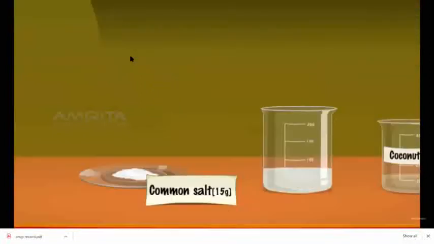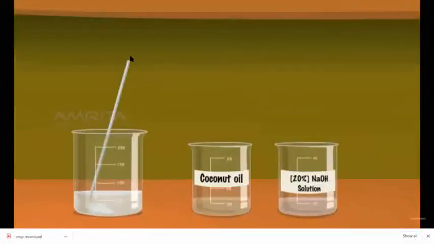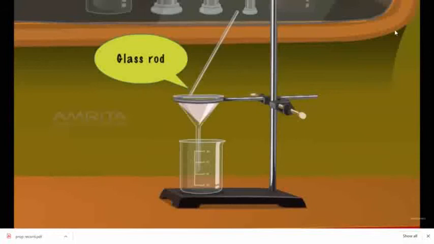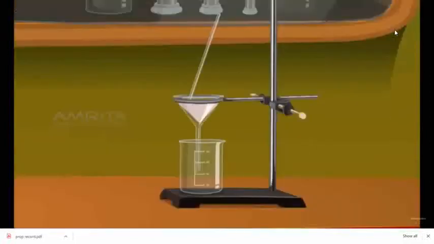Add 15 grams of common salt into the suspension. Stir it well with a glass rod. It is observed that the soap is precipitated out as a solid. Take a filter paper and fix it in a filter funnel and hold a glass rod over the funnel. Take the beaker containing soap and pour it over the glass rod and filter the mixture.